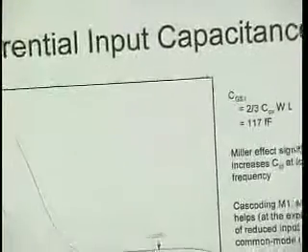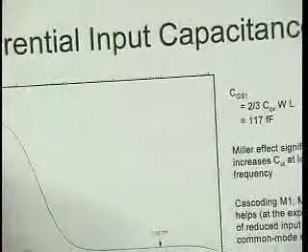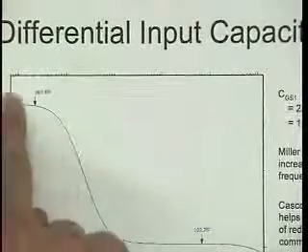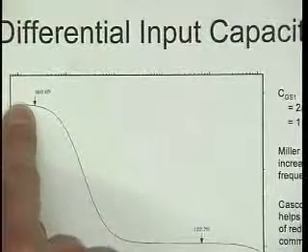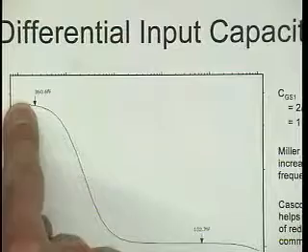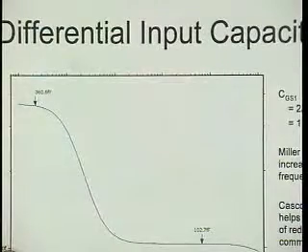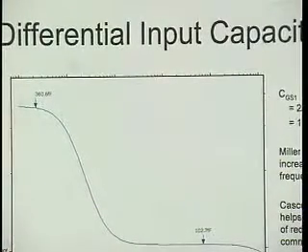Same thing, differential input capacitance. Here we see the Miller effect, right? At low frequency, we get Miller effect that increases the differential input capacitance, and then at higher frequency that drops away. Finally, the bandwidth.